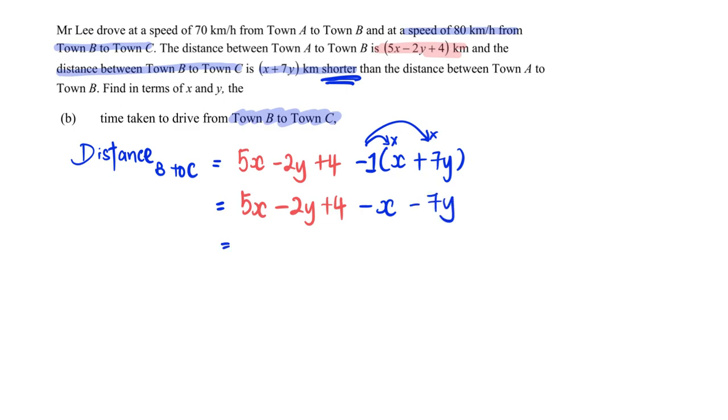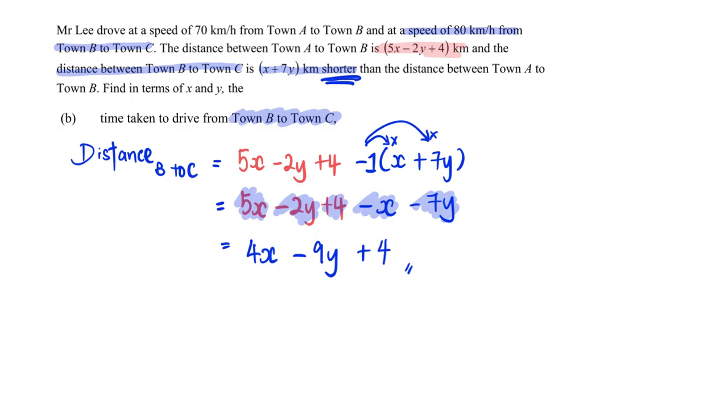And then we are going to continue to simplify the like terms. 5x minus 1x, that will give me a positive 4x. Negative 2y minus 7y, that will give me negative 9y. And there's a positive 4. And that will be the distance from B to C.